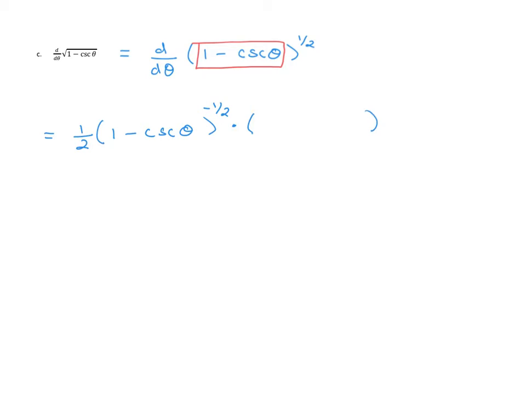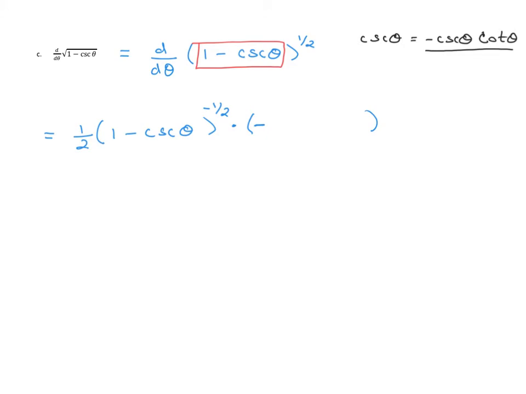The 1 goes to 0. I'll include the negative. What is the derivative of cosecant of theta? So off to the side, cosecant of theta. This is negative cosecant theta times cotangent of theta. So we can prove this by using the quotient rule, but I'm just going to simply plug this information directly here. So we get two negatives.